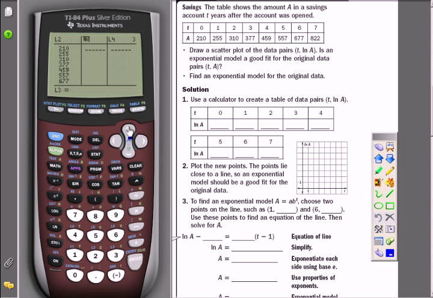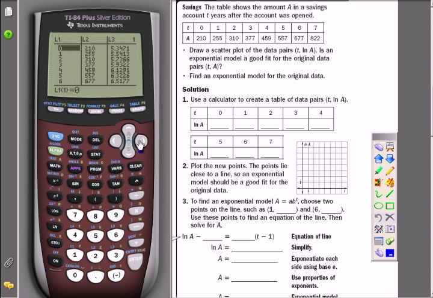If I go to list 3 and I say I want list 3 to equal the natural log of list 2. You see list 2 is right here on the number 2. So I'm going to do second list 2. And what it will do is take the natural log of all those points for me, so I don't have to do it individually. That might have saved me a few minutes of time. Okay? So I have list 1, list 2, and list 3 here.